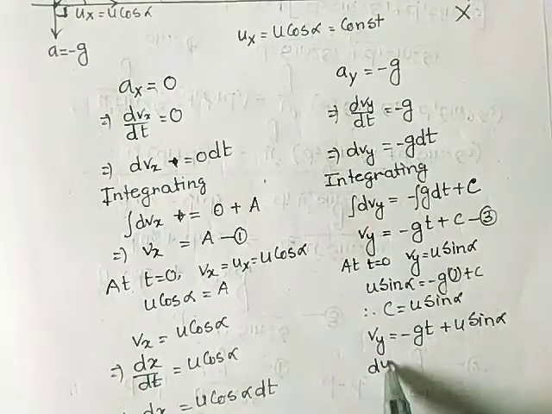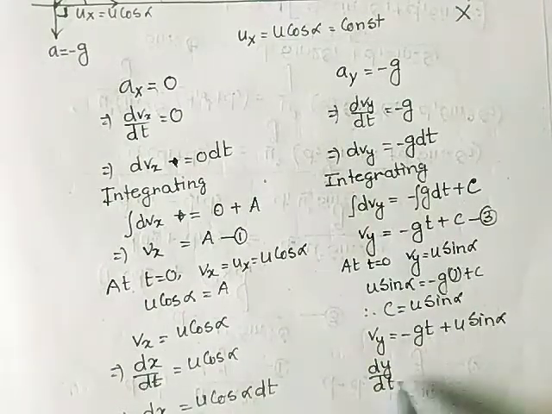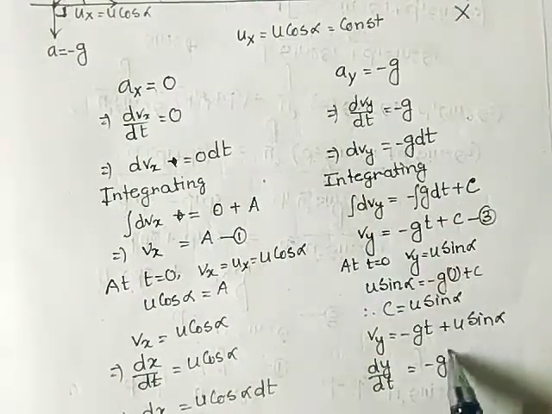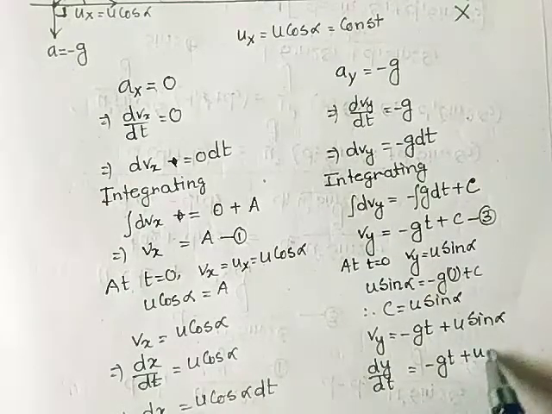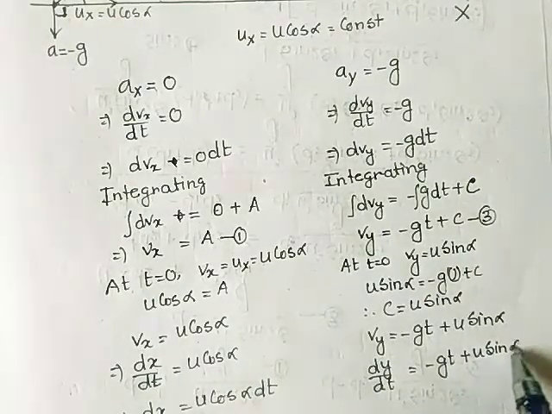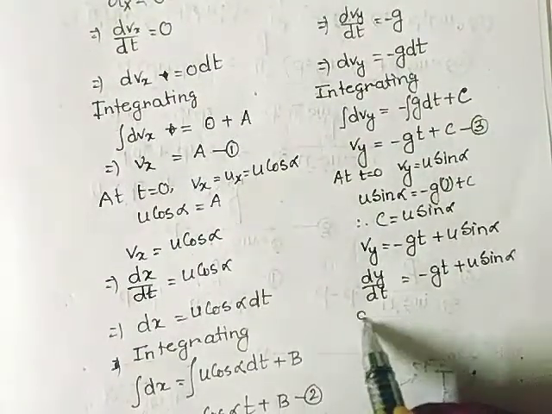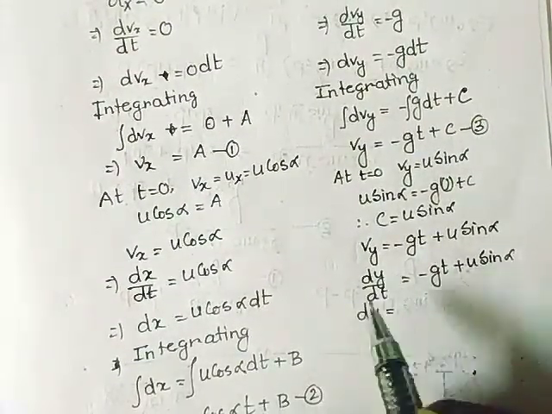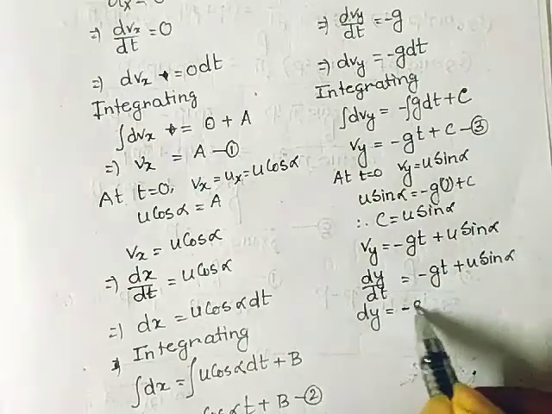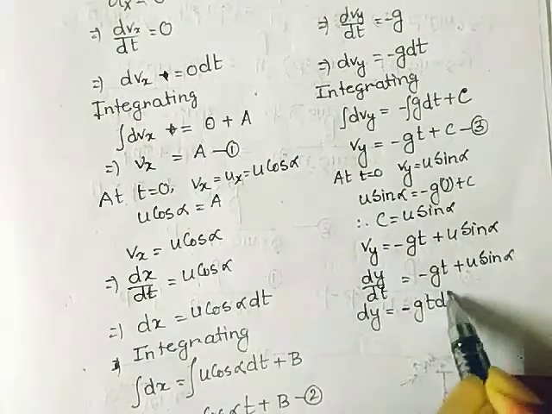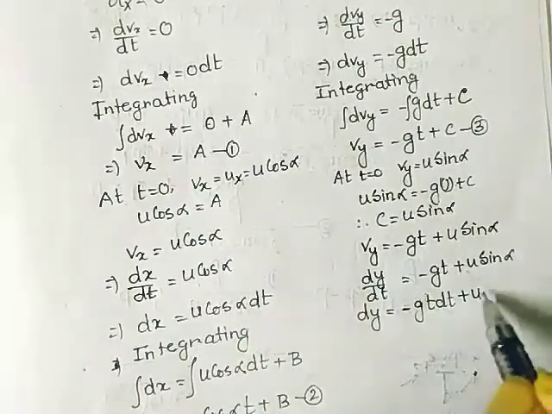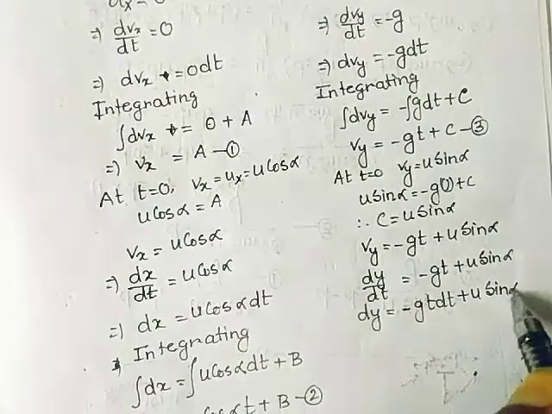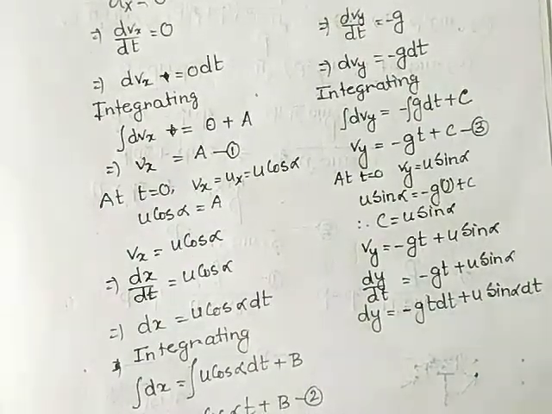Vy can be written as dy/dt, so it is minus gt plus u sin alpha. If I write down this equation, then dy is equal to minus gt dt plus u sin alpha into dt.